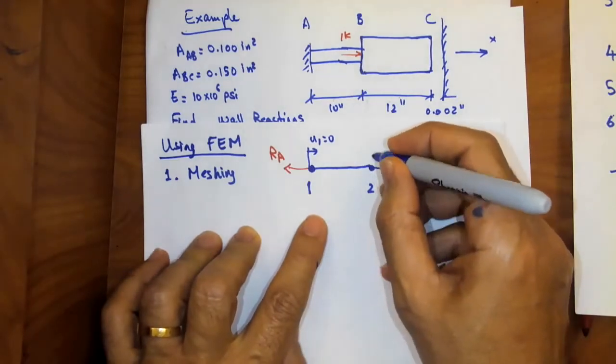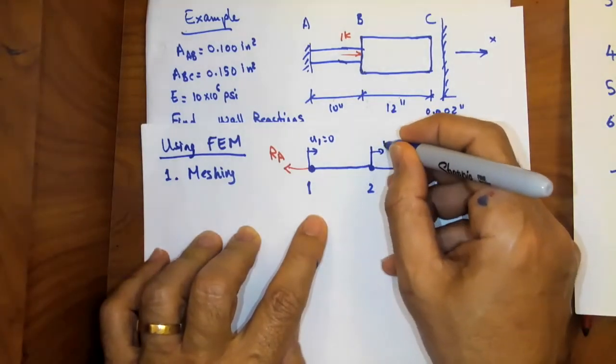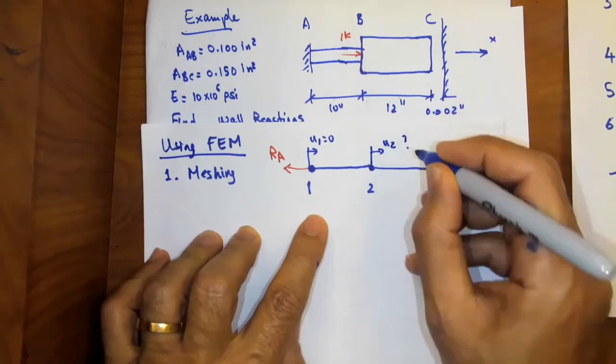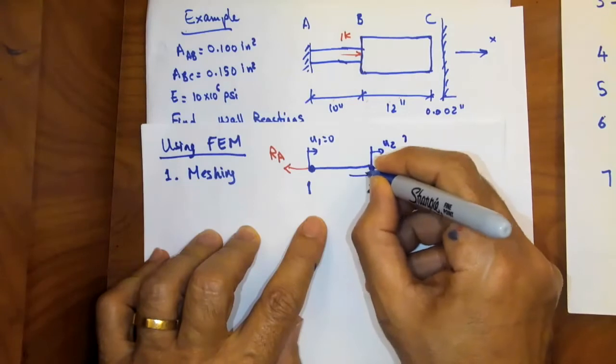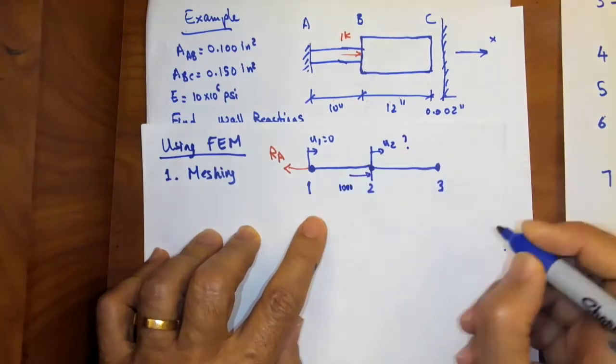At node 2, I have a displacement U2 that we do not know, but we have an applied force of 1,000 pounds.